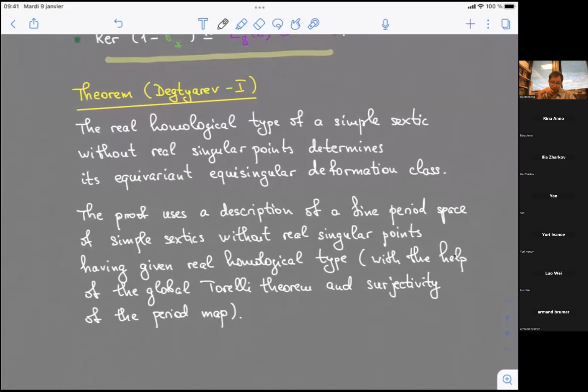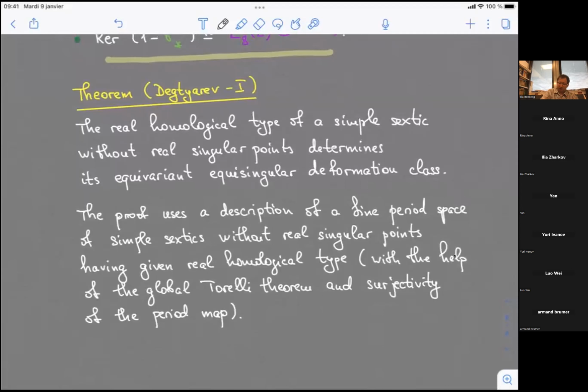And so once again, the proof uses a description of the period space of simple sextics without real singular points, and having given a real homological type. So one can once again use this description. The description, of course, uses some of the global Torelli theorem and the surjectivity of the period map.